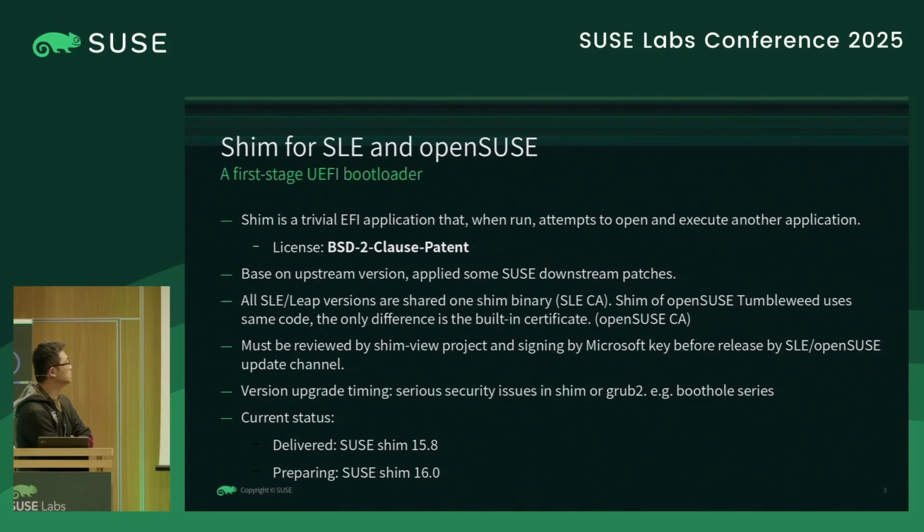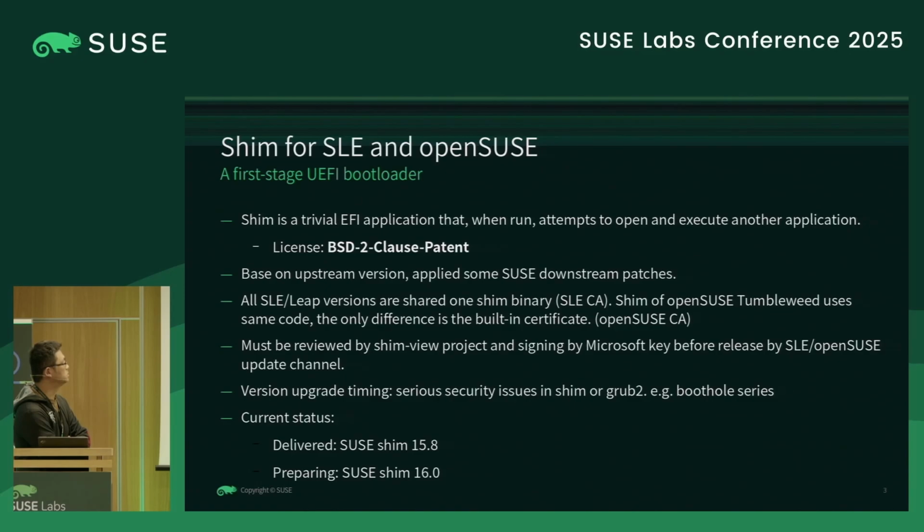A special thing is Shim is a special package in the SLE world. All SLE versions, including very old SLE, share the same Shim binary, and even Tumbleweed also uses the same code, just with a different built-in certificate.